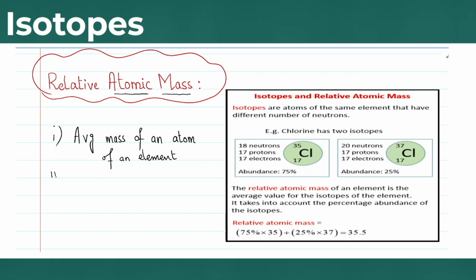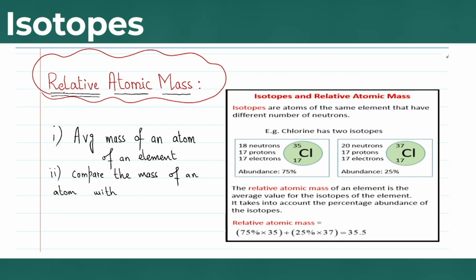And the second point, we have to use this concept, relative. We have to relate, we have to compare the mass of the atom. Okay? So now moving towards the second point, compare the mass of an atom with the standard mass.